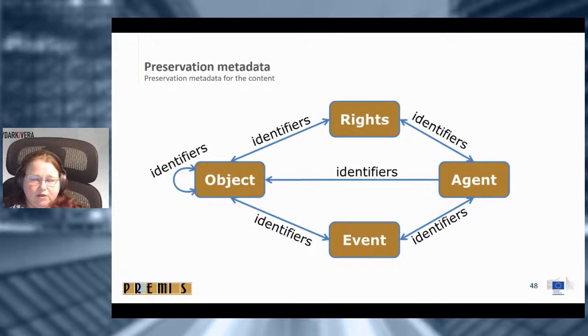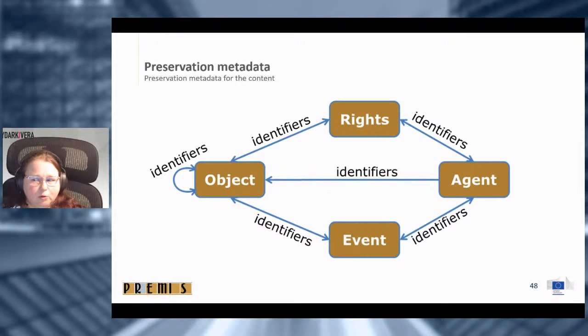Connected with the preservation metadata, you have the events, as I said. Have we made migrations? Has something happened? Was it corrupted by a virus or something? All these events need to be saved.